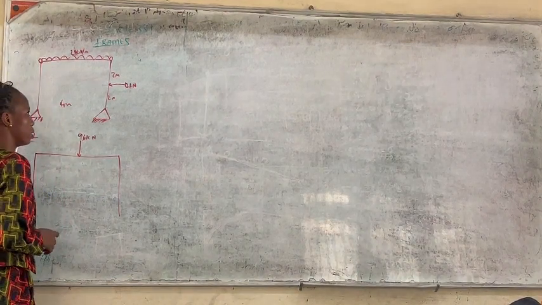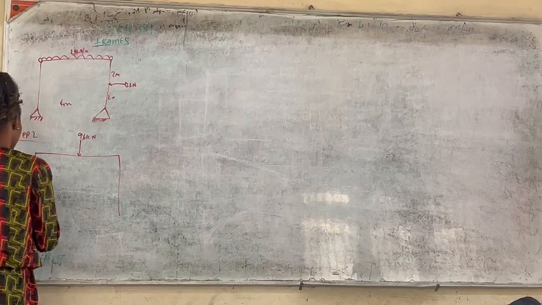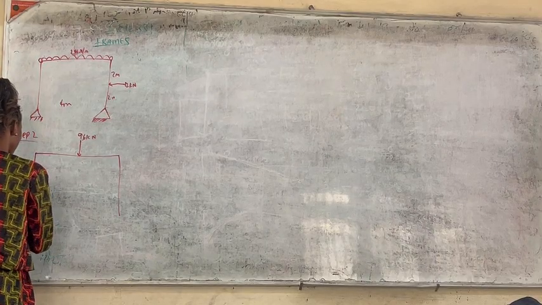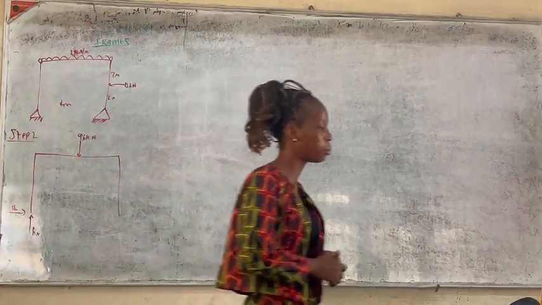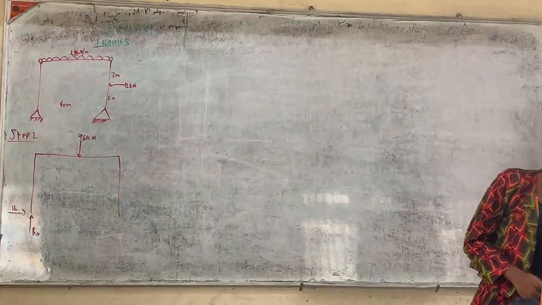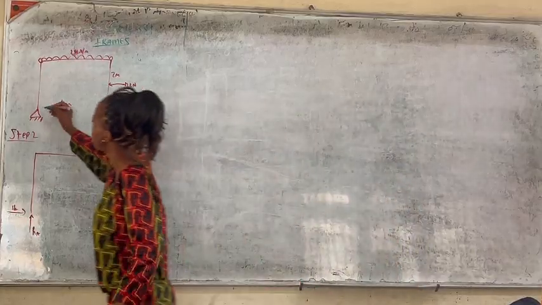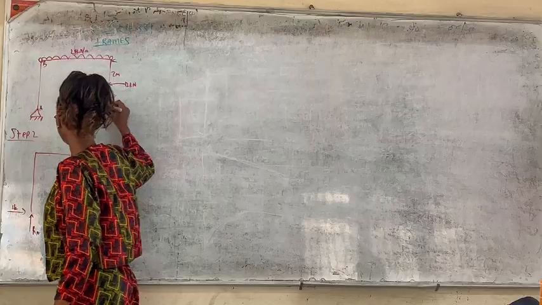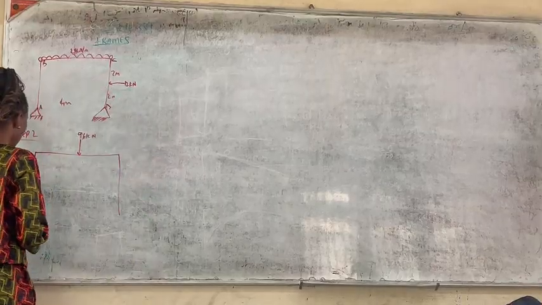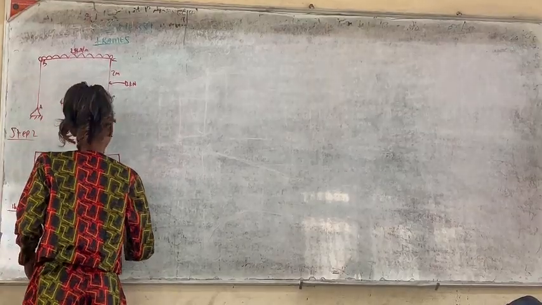So this is a pin support, RA. A, B, and G. So 96 kN. So we have what?